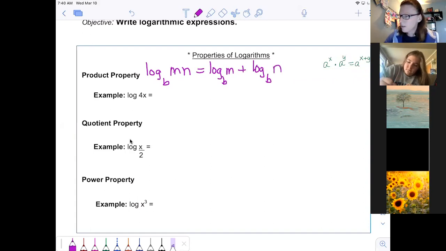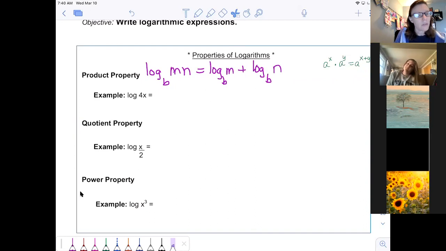So you can see how the 2 properties are related to each other. So the product property for logs can be written as the log base b of m plus the log base b of n. So it's kind of the opposite, and they should be because they're inverses.